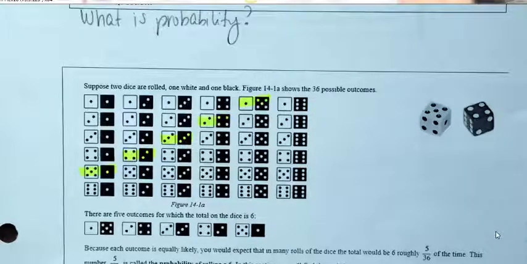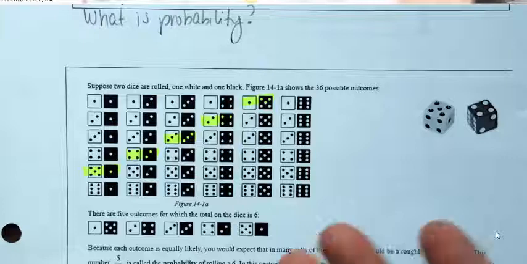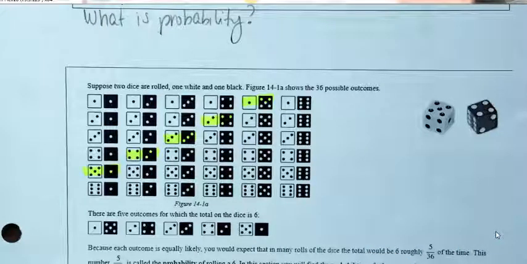And because each outcome is equally likely, you would expect that, right? So basically with these dice, it's equally likely that you roll a 1 as it is you roll a 6, or you roll a 2 as it is you roll a 3. It's not like there's a die that has 3 on all sides. Then the probability would be 100% that you'd roll a 3.